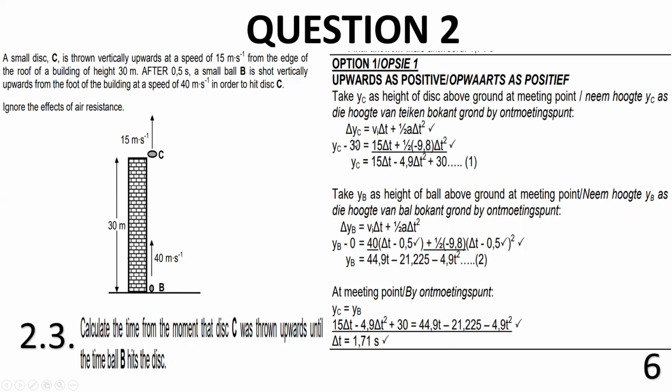First of all, delta yc minus 30. They said, because this is your delta yc, you are just calculating the highest point. This one is showing you the highest point from this position here. So delta yc is giving you the position of C. And then the initial 15 times delta t, and we said upward is positive, all right.